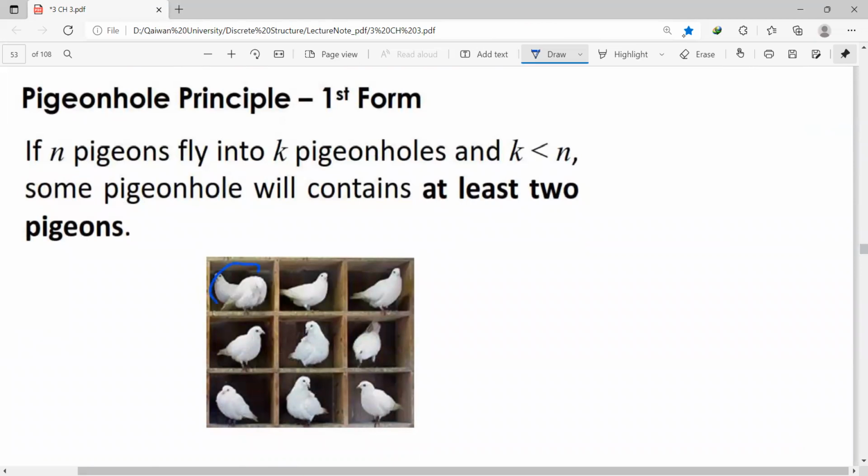Here, as you see, this shelter contains 2 pigeons but the others each contain 1.